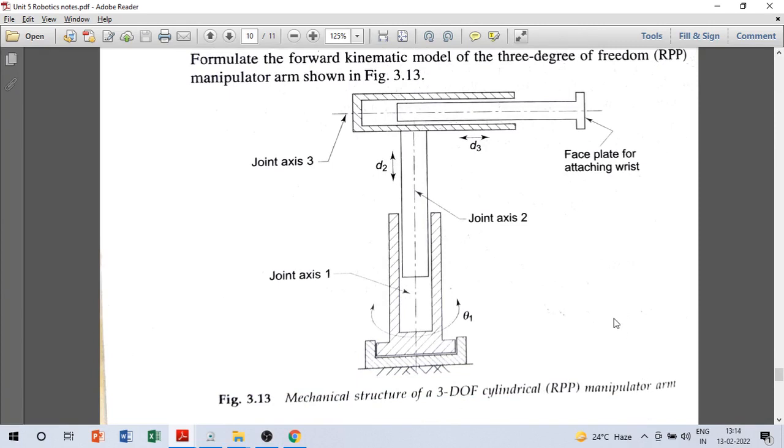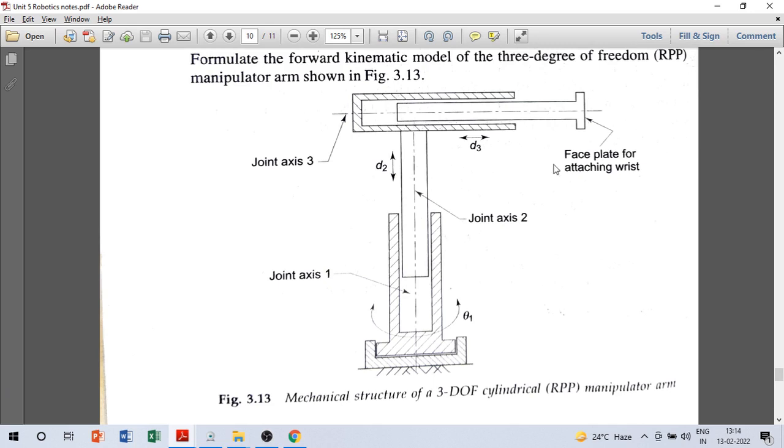There are 4 links here: the base link, another link here, another link here. There is a revolute pair and 2 prismatic pairs. This can move up and down, this can move in and out. So the workspace for this arm configuration is a cylinder. We talked about that previously.